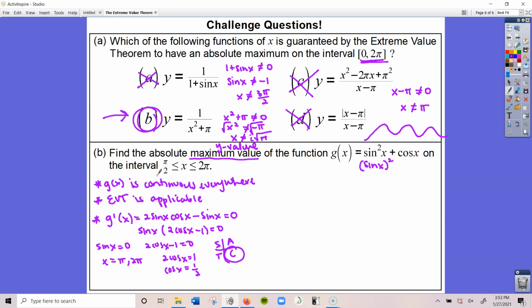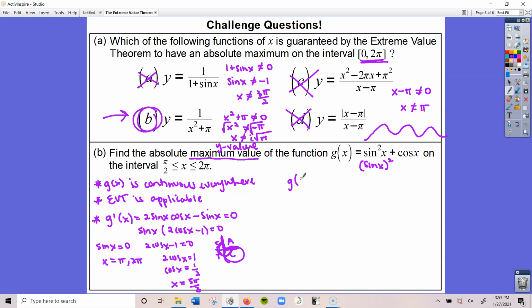Now keep in mind our interval here, we're only looking from pi over 2 to 2 pi, so in this section here. So it's only one angle, and the angle that gives you a cosine of 1/2 in quadrant 4 is 5 pi over 3. So those are my critical numbers, and now I'm going to test each one.